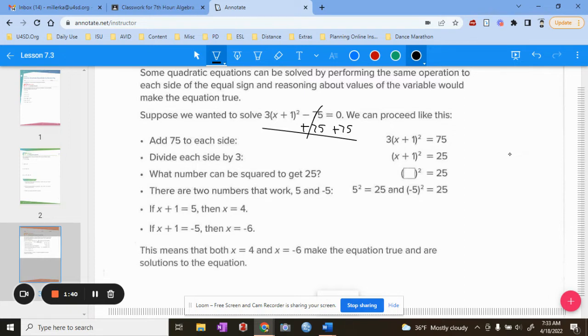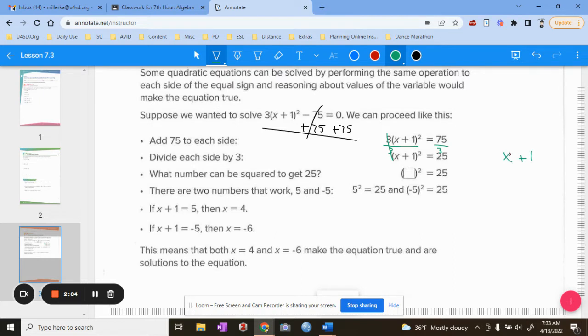Well, now we can undo multiplying by 3 by dividing by 3. So what we're going to do is divide both sides here by 3 to eliminate that. 75 divided by 3 is 25. So now we have x plus 1 squared equals 25.